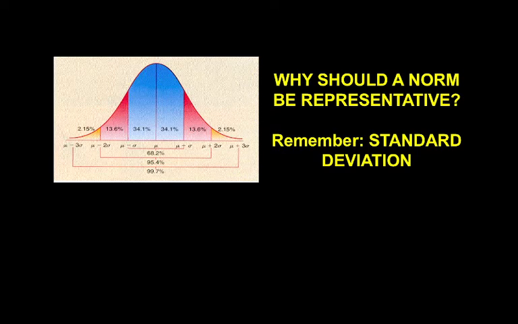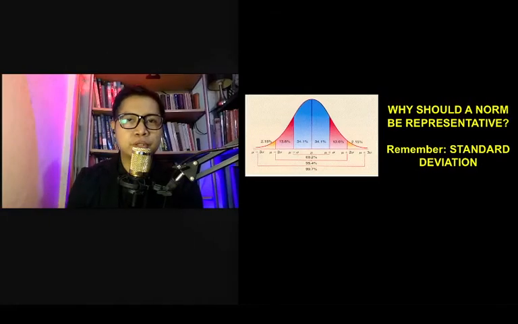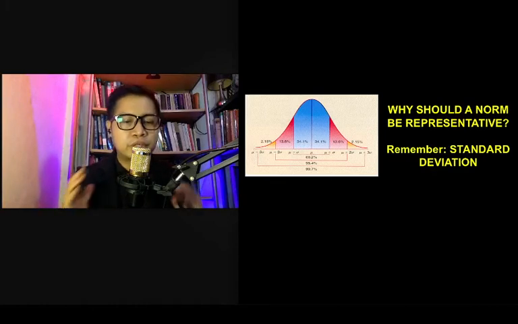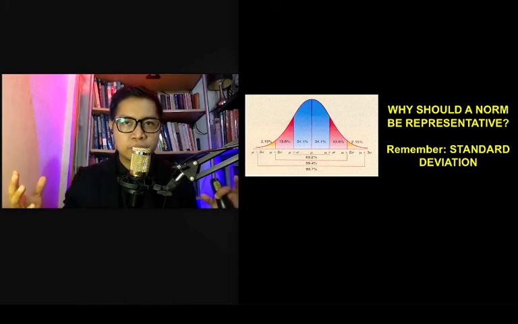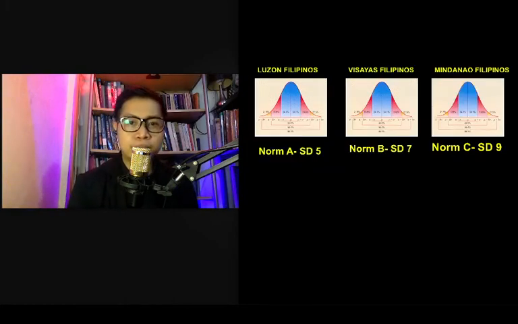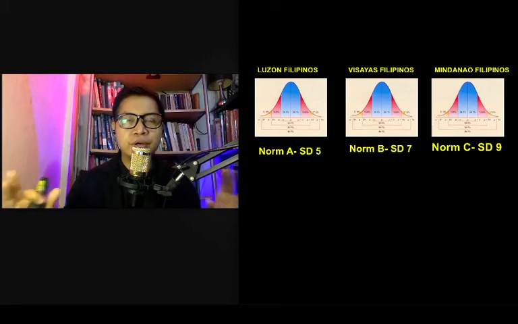You just remember the concept of standard deviation. Remember, yung standard deviation ng isang testing population, iba-iba yan, depende sa population. Standard deviation is the dispersion of scores, yung layo ng scores sa isa't isa. Gaano kalayo yung scores sa isa't isa, depende nga yan bawat norm. Pwedeng iba ang standard deviation ng population A, iba na naman sa population B, iba na naman sa population C. Because each of these populations differ in their characteristics.